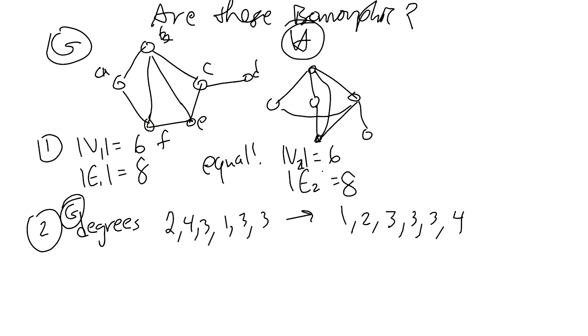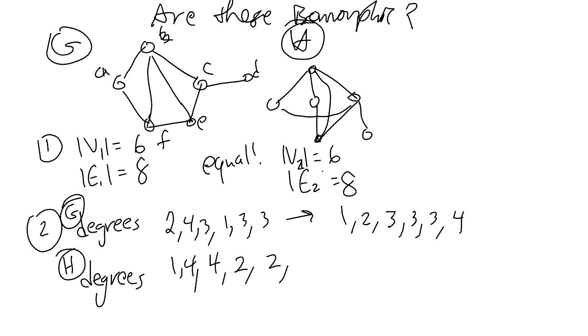And now look at H. The degrees there were 1, 4, 4 at the top, 2, 2, 3. So I'll sort them from smallest to largest.